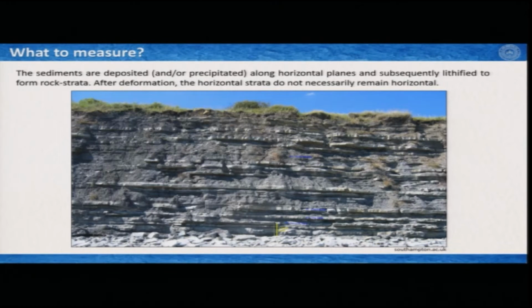But if you have visited any deformed terrain, you must have seen that these things do not remain horizontal. So, if they do not remain horizontal, that means there must be some sort of deformation in large or small scale. In this image we see that these layers are essentially horizontal, and if these are horizontal, there is no problem. These rocks are probably not deformed, or even if they are deformed, they remained as they are.